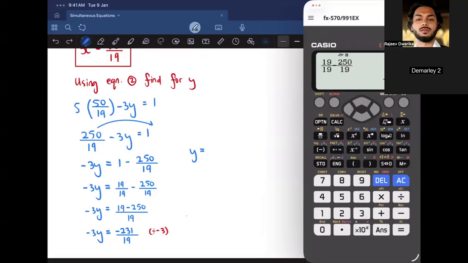So what you want to do is put minus 231 all over 19, and then divided by minus 3. And you should get 77 over 19.